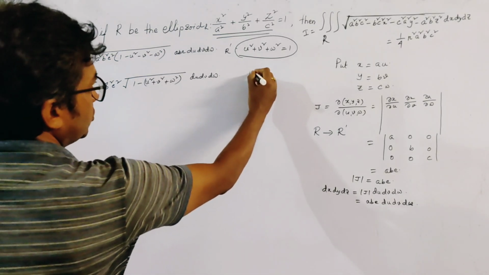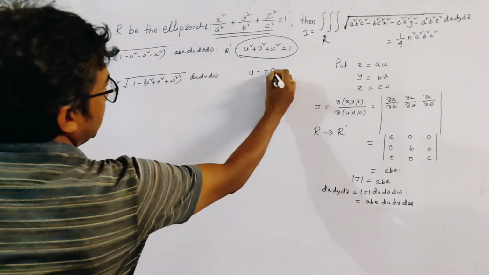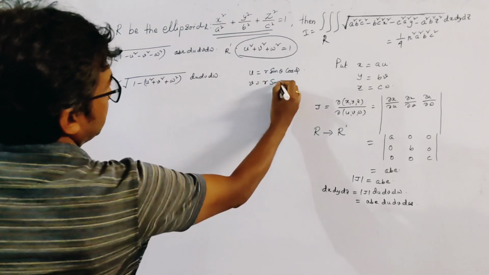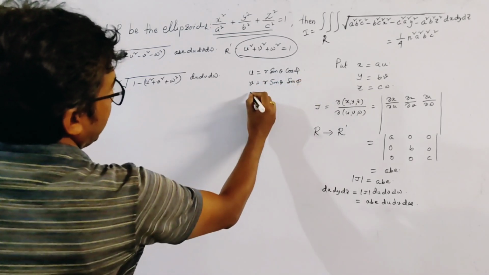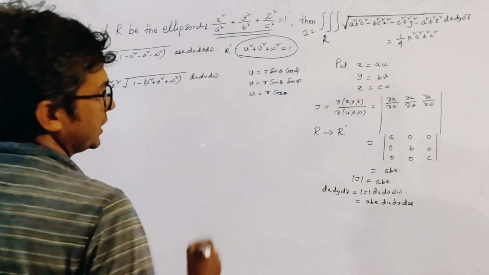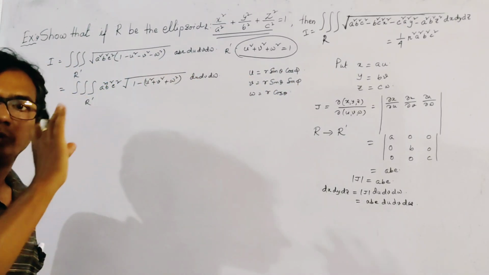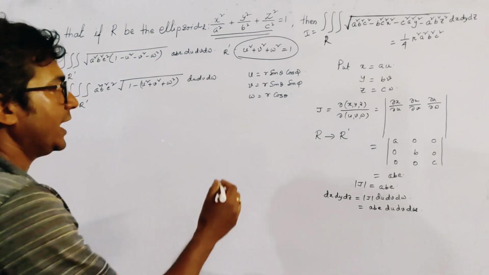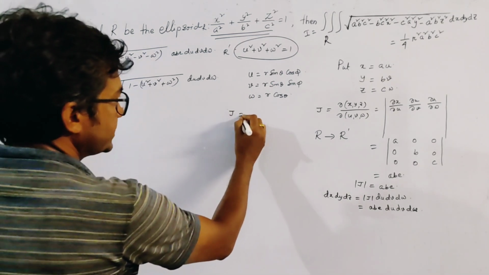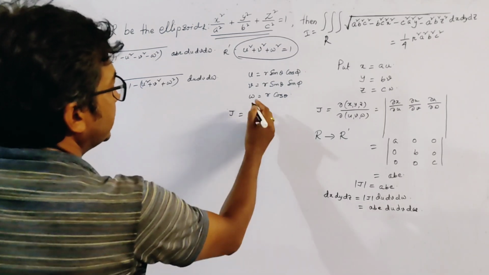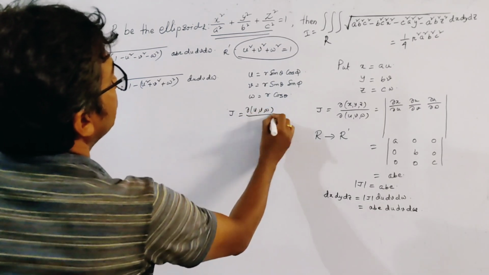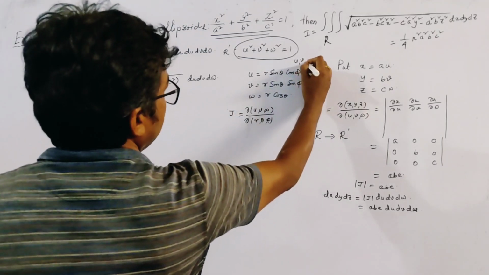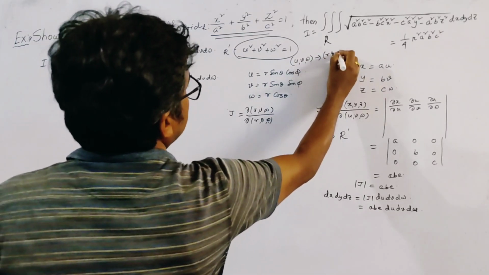What is the spherical transformation? In spherical transformation we put u equal to r sin theta cos phi, v equal to r sin theta sin phi, and w equal to r cos theta. This is the spherical coordinate transformation formula. For this transformation we have to find the Jacobian, which is del of u, v, w by del of r, theta, phi, because the transformation is from u, v, w to r, theta, phi.